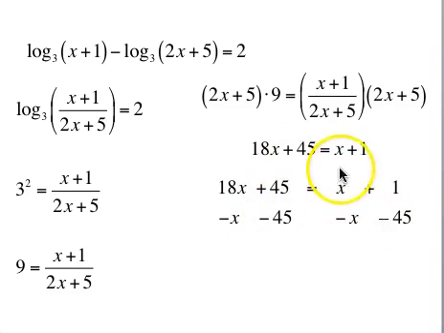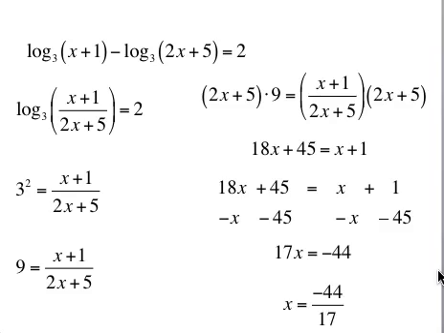The 45's go away, the x's go away. 18x minus 1x is 17x. 1 minus 45 is negative 44. And then how do we finish this? We divide both sides by 17, and we get x is negative 44 over 17. And that will conclude this lesson.